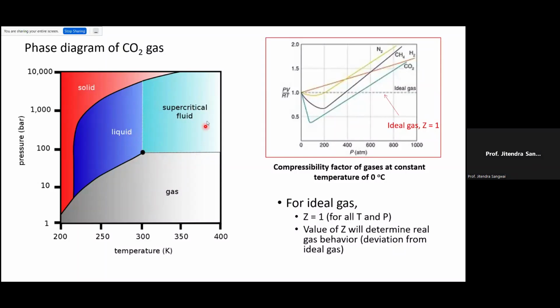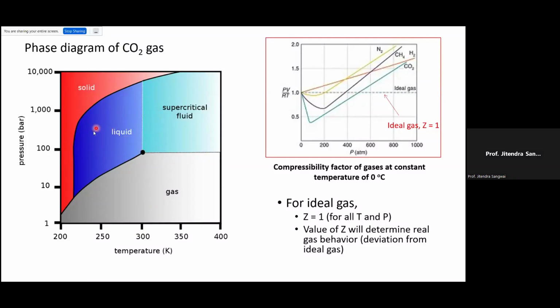And there is also a supercritical fluid. The critical point is about 300 degrees Kelvin, about 27 degrees centigrade, and about 100 bar of pressure, which comes to about 1500 psi. That's the critical point for carbon dioxide.